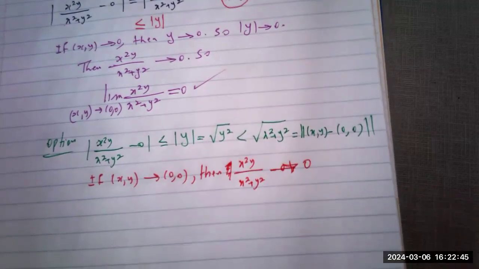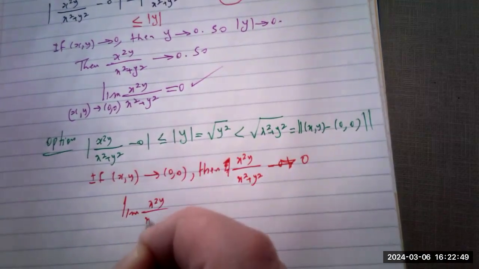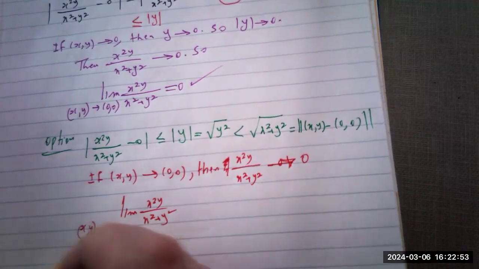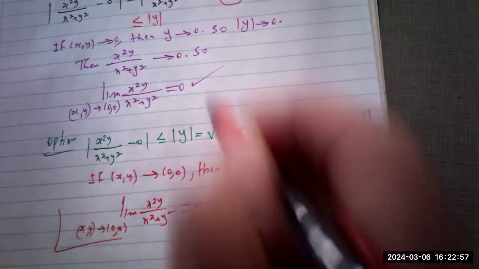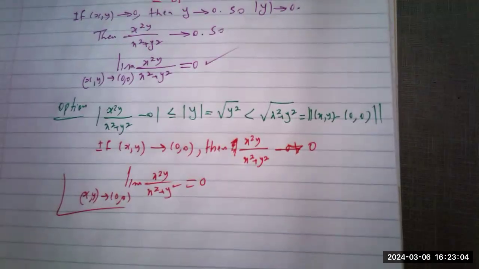So you got it. The limit of x squared y over x squared plus y squared, x comma y goes to 0, 0, would be 0. We're done, and that would be enough. If you estimate it, that is going to be the same thing. So look for that quantity that we talked about.